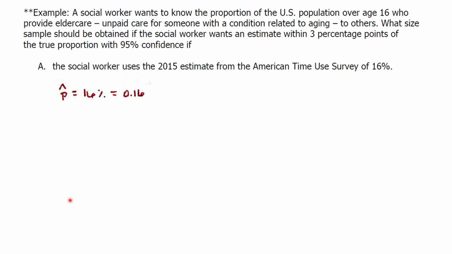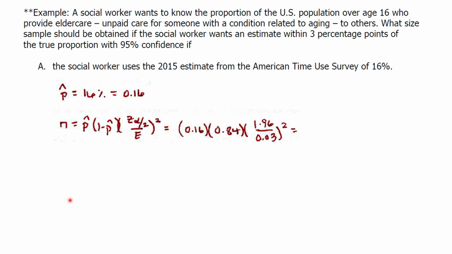So P hat would be 0.16. Okay. So since P hat is given to us as an estimate for P, we are going to use our first equation for finding the sample size for a population proportion.